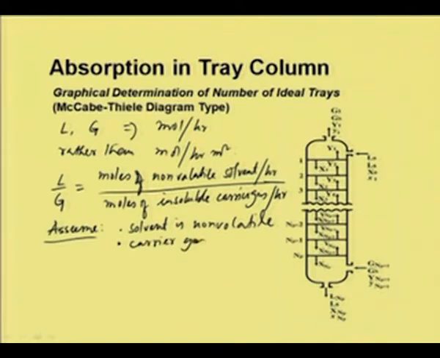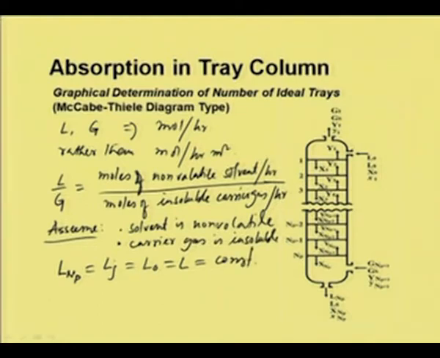Based on these two assumptions, we can write that the liquid flow rate LNP from the NPth plate, and Lj at any plate, will be equal to L0, which is equal to L, a constant.